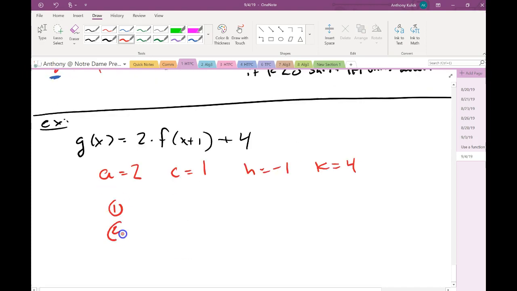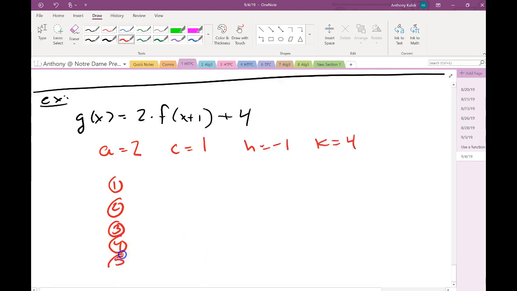I'm going to then list my 1, 2, 3, 4, 5, 6. Notice since 1 and 2 are both regarding C, if C is positive, there's no reflection across the x-axis, so I'm just going to put a mark there to say nothing happens. If C is equal to 1, there's no horizontal dilation, so I'll just put a slash there. For 3, if A is positive, nothing happens, so I'll put a slash there.